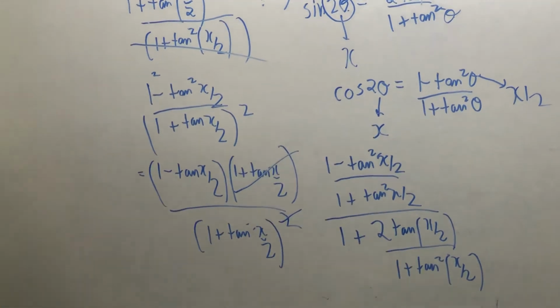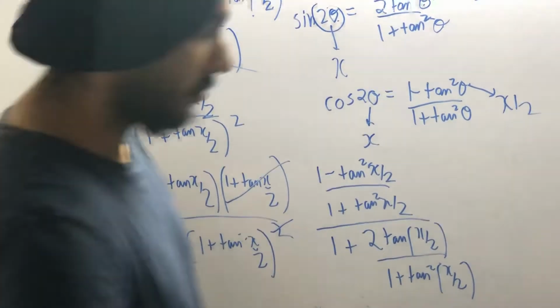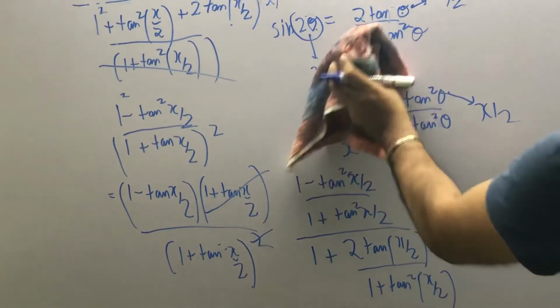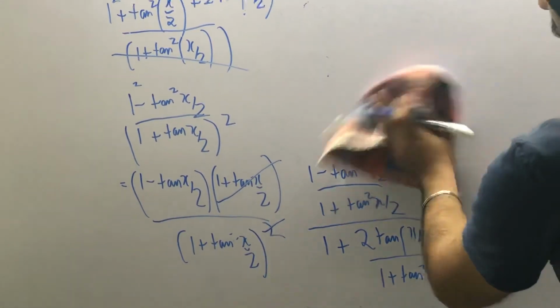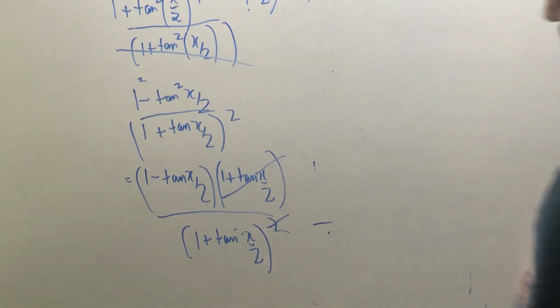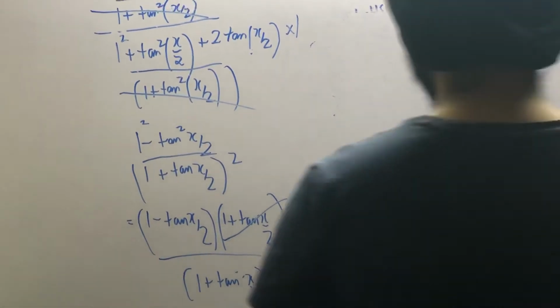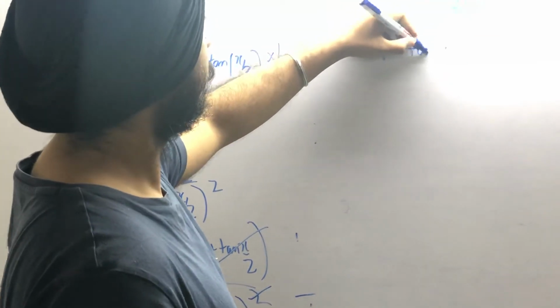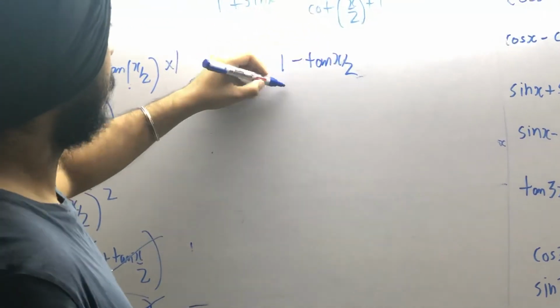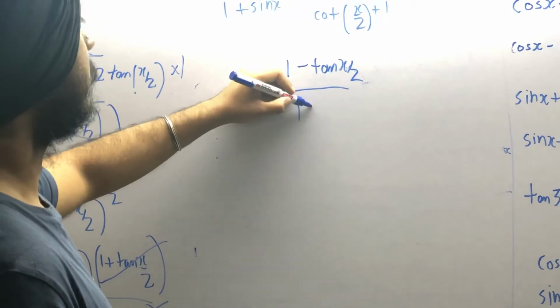Okay, so what you get is 1 minus tan x by 2 divided by 1 plus tan x by 2.